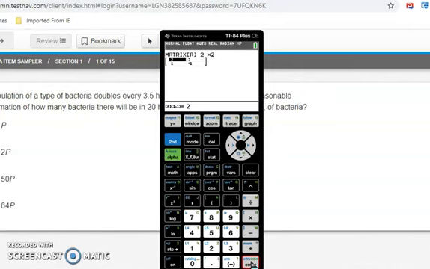You can see I already entered this. Then I would go 2, enter, 3, enter, 1, enter, negative 1, enter. That would be my A matrix. Now I'm going to go in and edit B.